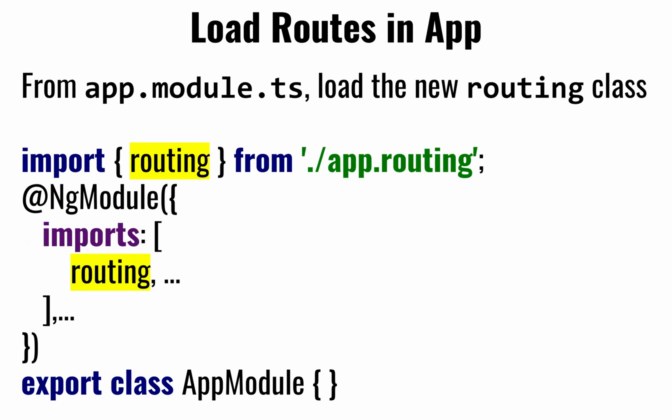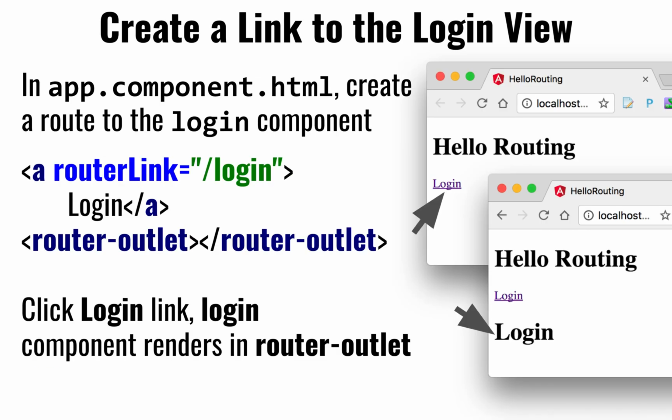Some of this boilerplate code has already been done for us, so we won't need to do that from scratch. And we're going to be using hyperlinks to navigate between the different components. We're going to be using just a plain old regular hyperlink, an anchor. But instead of using href, which is what you would normally do, you would instead use an attribute which is specific for this mechanism called a router link.